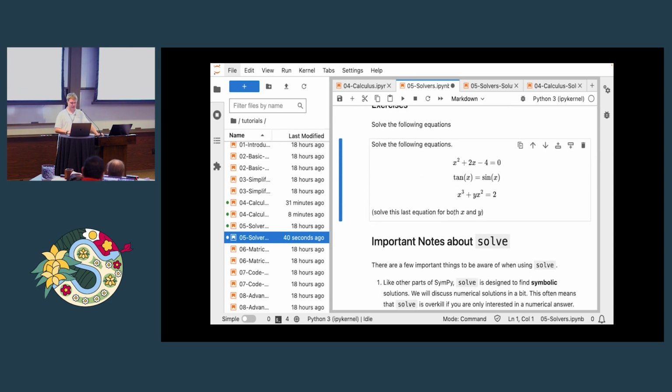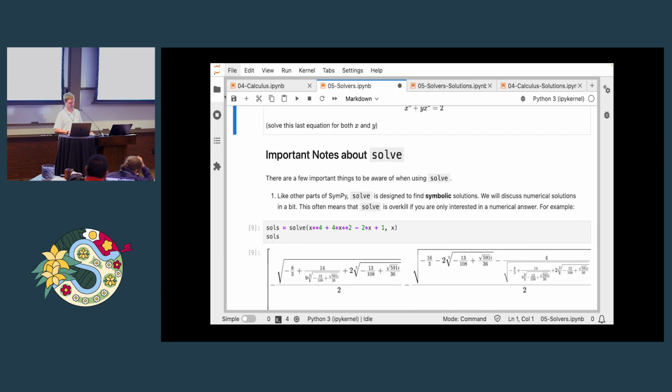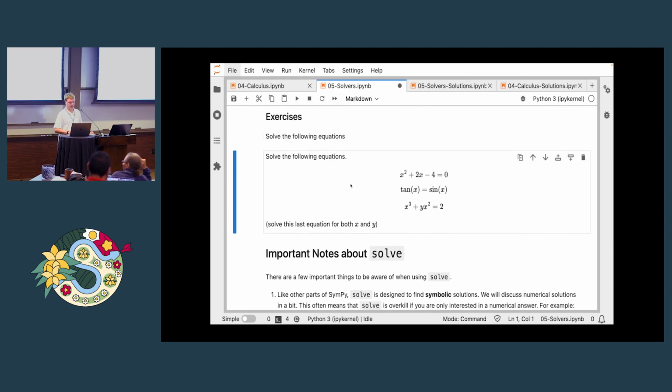And actually to solve this last equation 2 times, once for x and once for y.